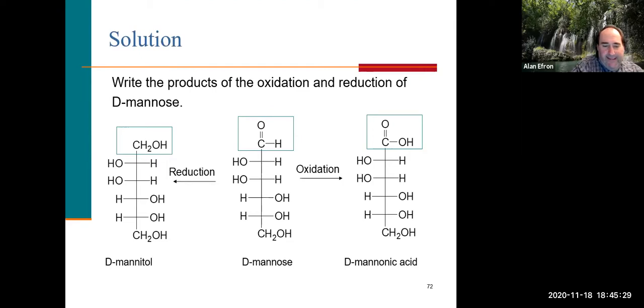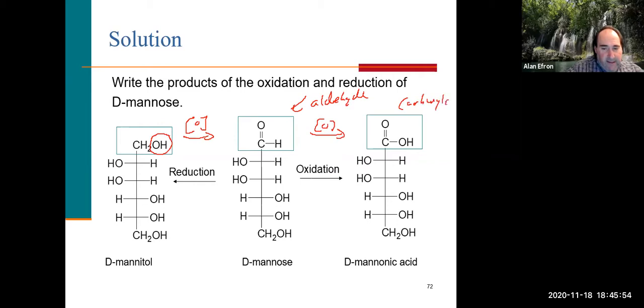So again, this is very similar to the organic relationship here. This is basically an alcohol carbohydrate. So there's our alcohol group, which, if you oxidize it, becomes an aldehyde, from a primary alcohol. And if you oxidize it one more time, as we just saw, we get a carboxylic acid.